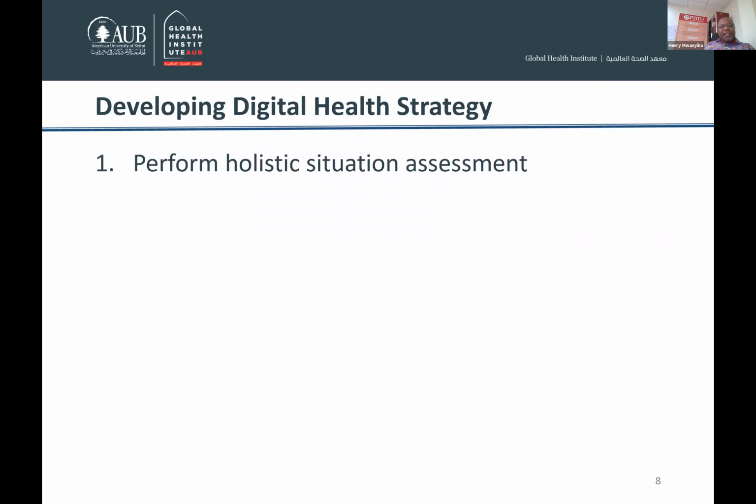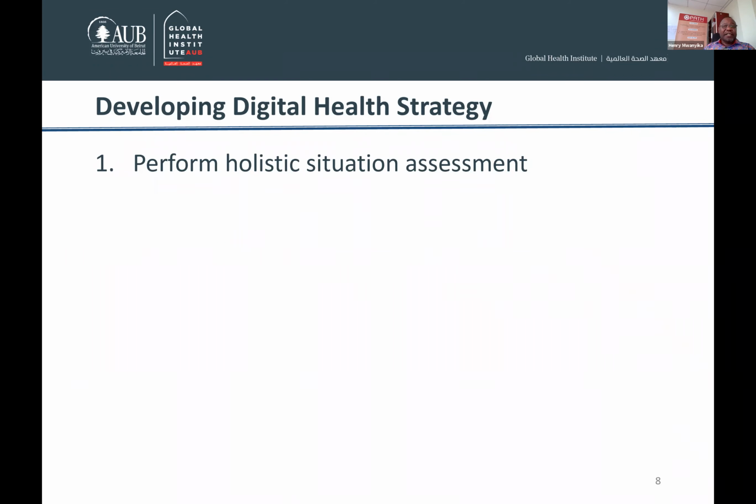So the first one is you need to perform a holistic situation assessment. And here you need to identify factors that are beyond health, things like cultural, political, infrastructure, HR, and existing environment. So you need to assess where you are, what are some of the challenges you face, and some of the existing situations or ecosystem in your country.